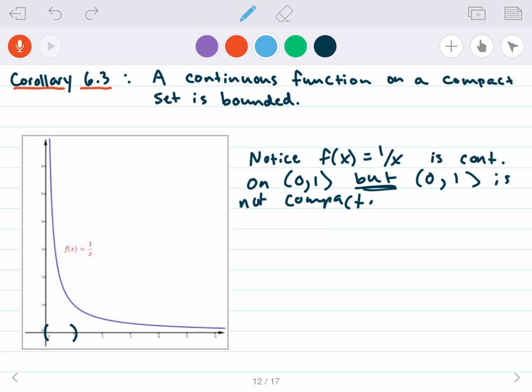But if we were considering a function on the closed interval 0, 1, then it would be bounded, but of course this function isn't continuous at 0, so we can't really use that as an example here. So that's one corollary of the proofs that we've looked at.